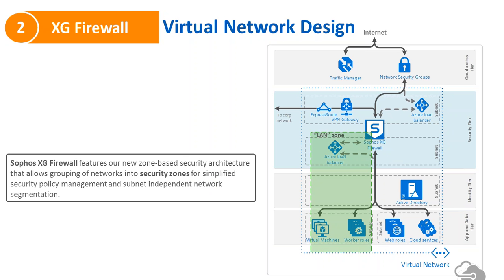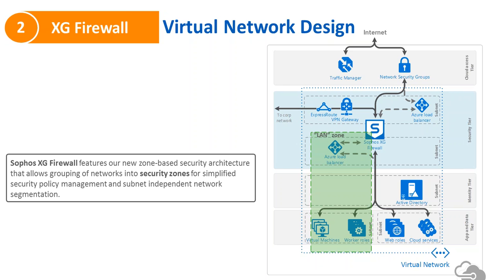Another thing that we brought to Azure that is really unique is the zone structures. As you know, with the XG firewall, you can use security zones to basically combine networks into a general policy area.